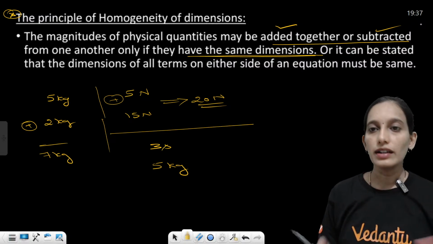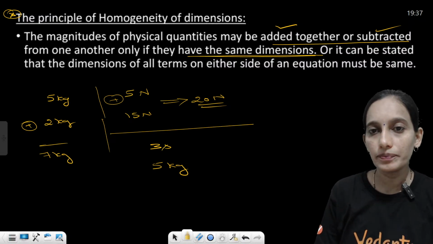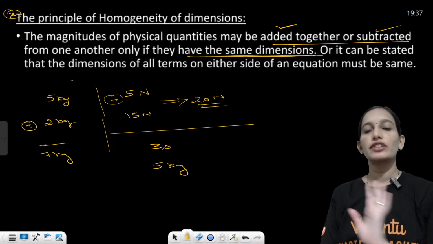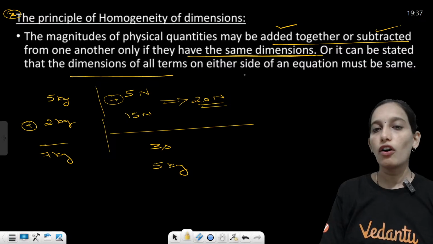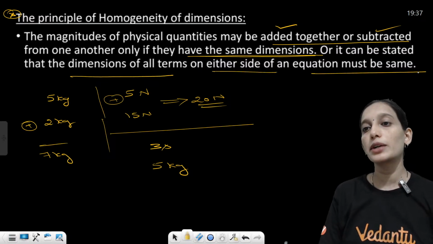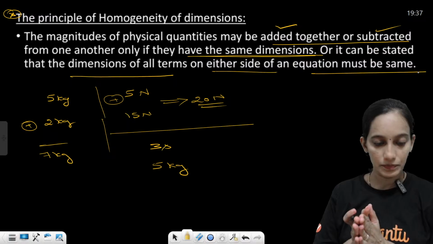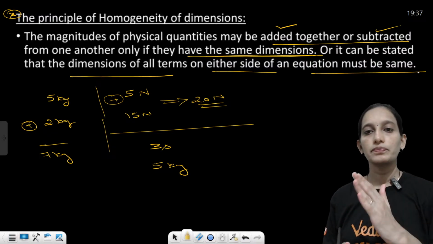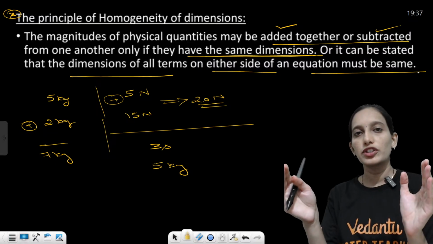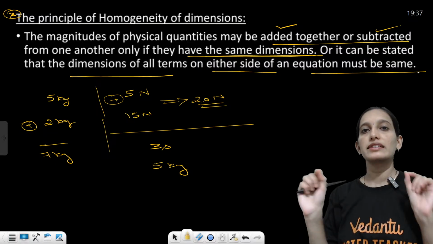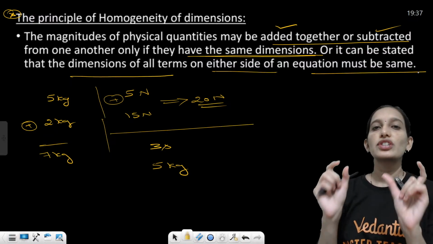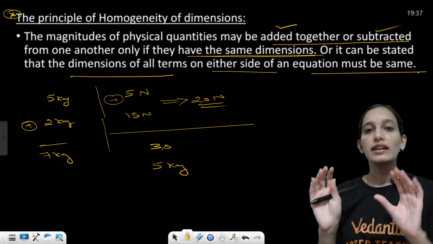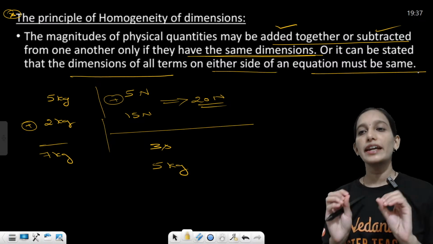Okay, yeah. So if that is the situation, we can also put it in another way: in any equation, the dimensions of all terms on either side of the equation must be the same. If we have some terms in an equation which are separated by plus or minus, I'm talking about equations involving an equal sign, a plus or a minus sign, they should have the same dimension.